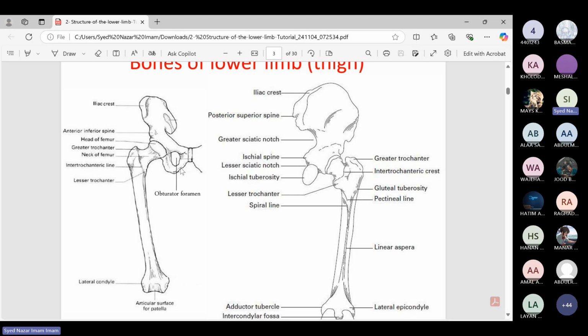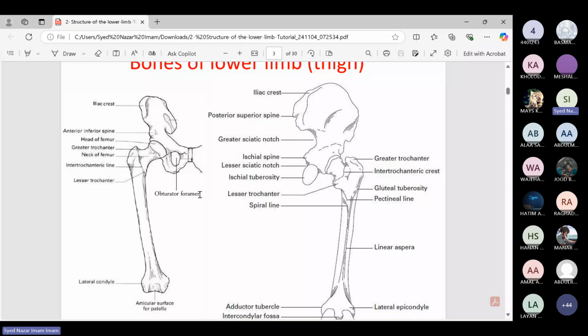Then we have the posterior part of this bone, which you can see from here, and this is the ischial tuberosity. So it has the medial part, which is the pubis. It has the posterior part, which is the ischial tuberosity, and then it has the anteromedial or anterior part, which is the iliac bone, the anterior surface of the iliac bone, and then these two, the anterior superior and anterior inferior iliac spine.